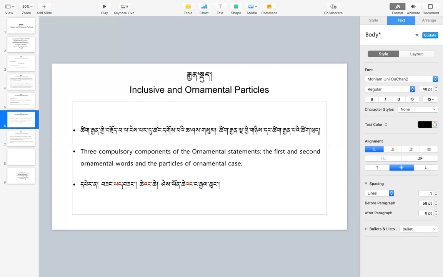It's good, yet it's much better. So in this particular statement, we have the first ornamental word, sang, then the particle of the ornamental case, yang, and finally the second ornamental word. Here both of these ornamental words are the same, so they are of the same nature. When we talk about the nature of ornamental words, we mean that both of them are positive.